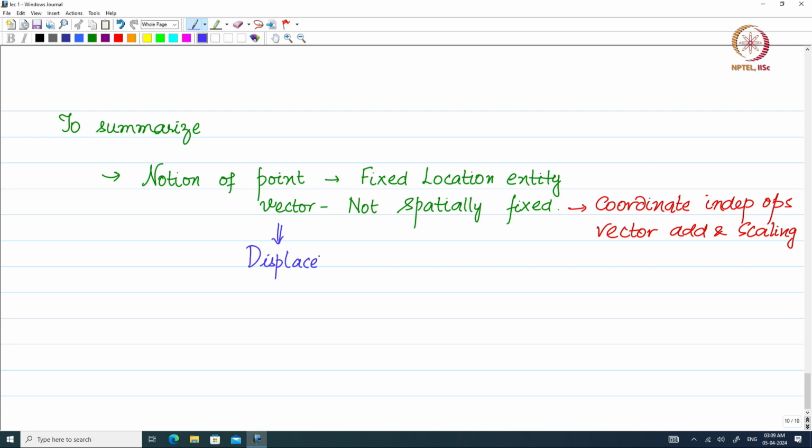That means if you want to go from one point to another, it is defined by a direction and length, whereas this, as I said, is a fixed frame of reference. So we also studied how things change when you look at the operations that you do on points. These are basically coordinate dependent operations.